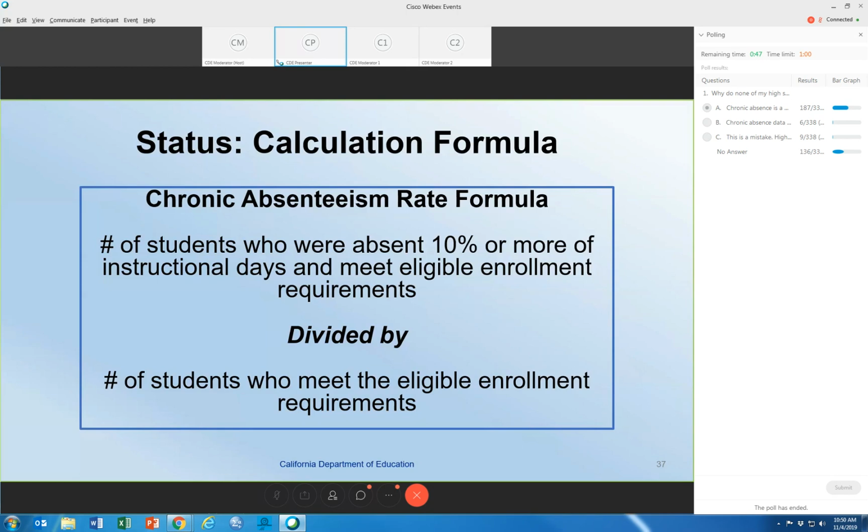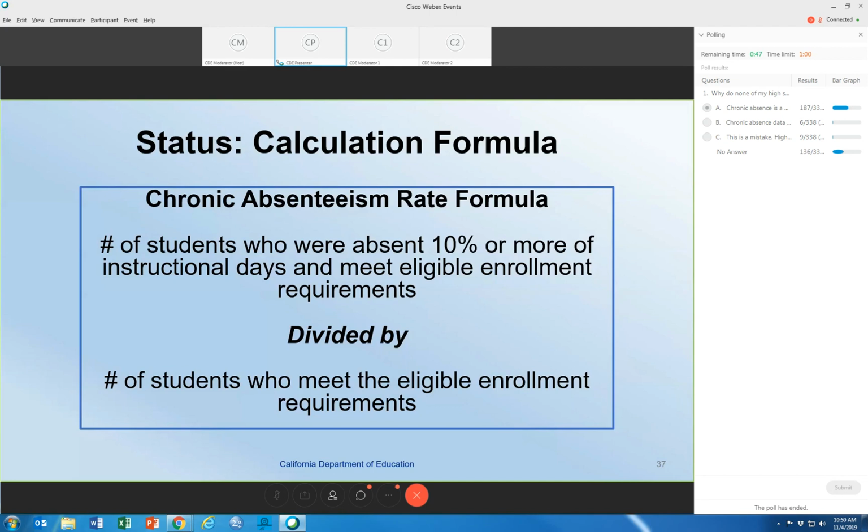The status is calculated by taking the chronic absenteeism rate, and the rate is calculated by the number of students who were absent 10% or more of instructional days, which is the definition we have in Ed Code, to meet the eligible enrollment requirements. I added that part because it means to me that those who are included in the numerator must also be included in the denominator.